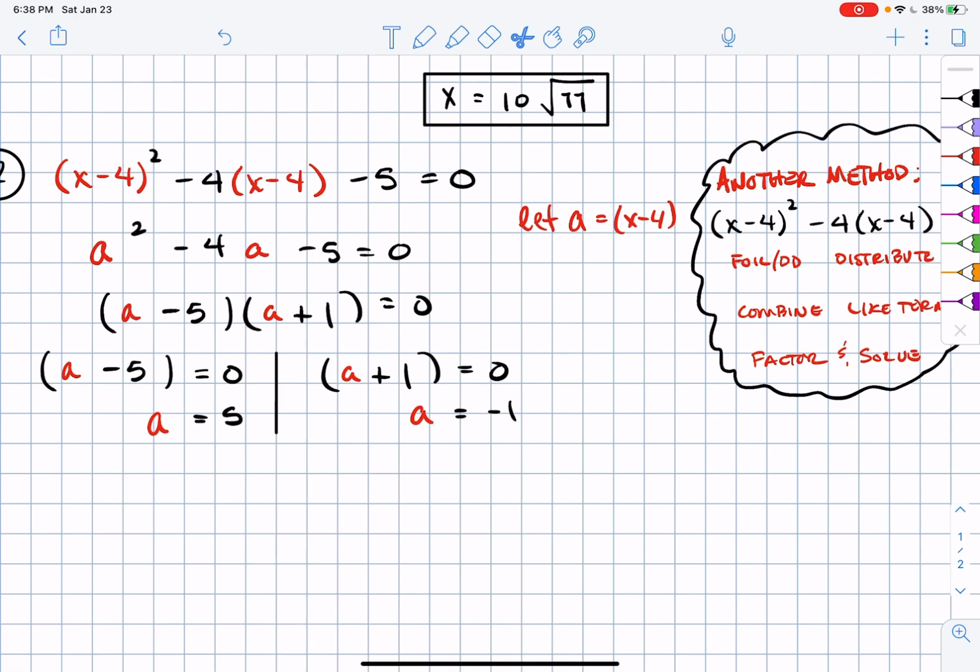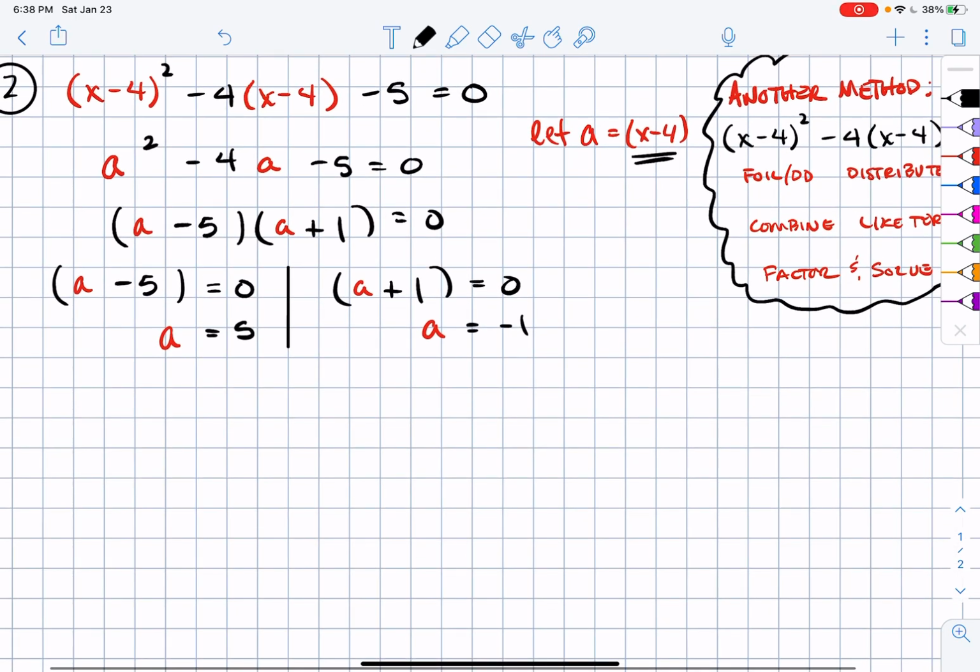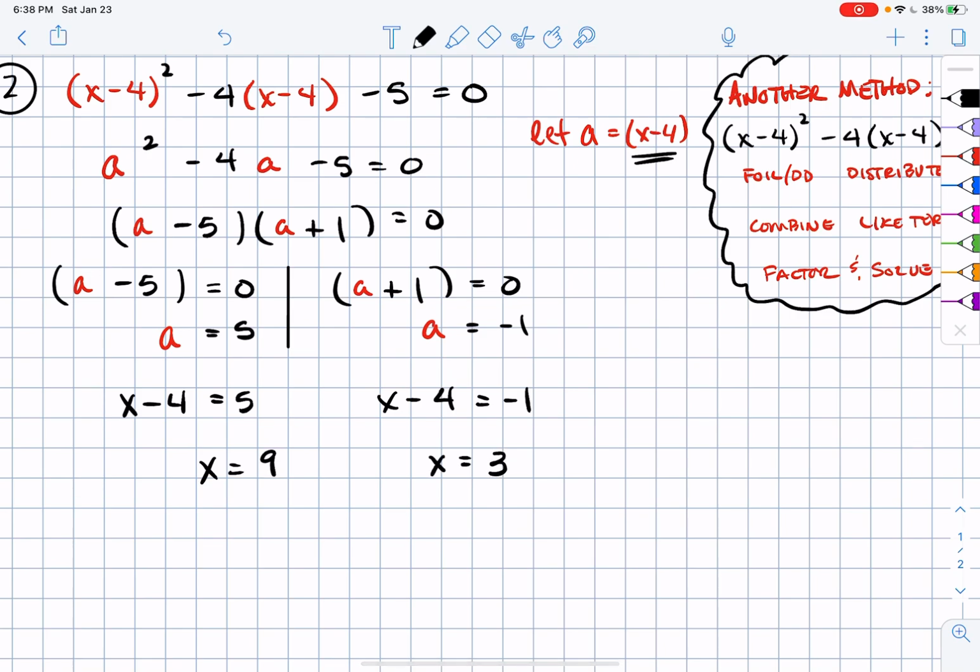However, I let a equal x minus 4, right? So this is what I did. So now I'm going to replace that a with x minus 4. So a is x minus 4, that's equal to 5. And a is equal to x minus 4, that's equal to -1. So now I have x is equal to 9 and x is equal to 3.